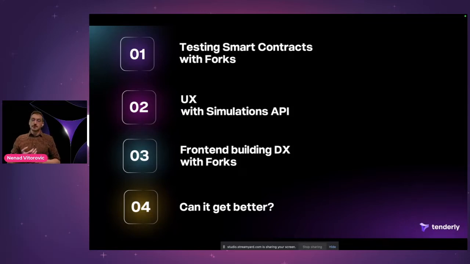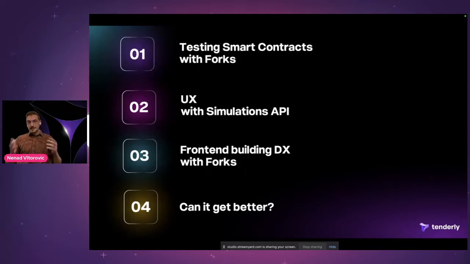The second chapter would be how to improve the user experience of your dApps with Simulations API. And there you will see that I used to do some front end, but you will also see that I'm not the best front end engineer visually. And the third part is about building front end and improving actually the process of building front ends for the dApps using Tenderly forks. The last chapter is about the question, can you get better?